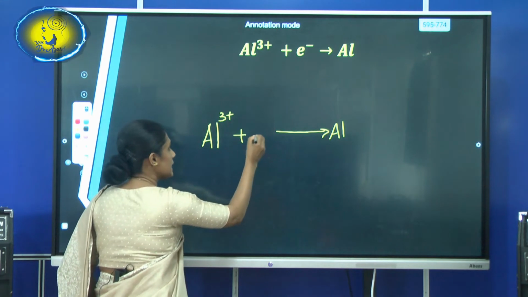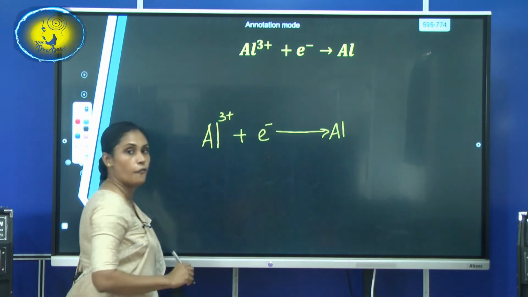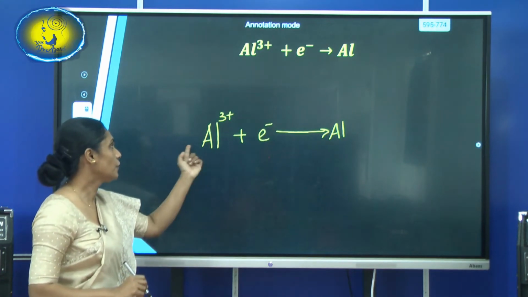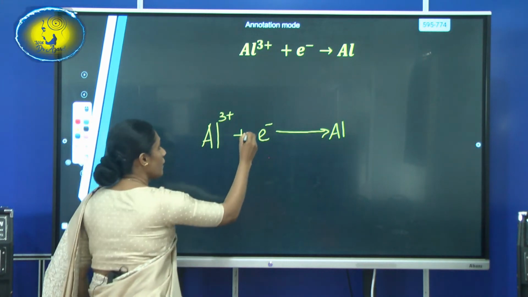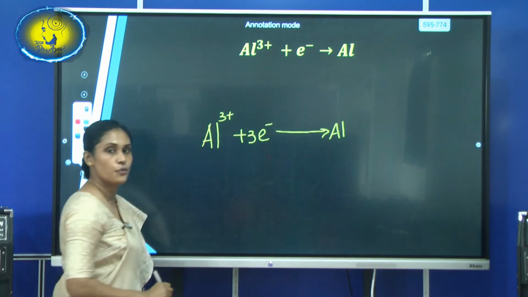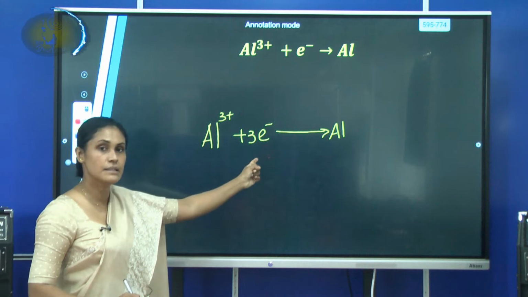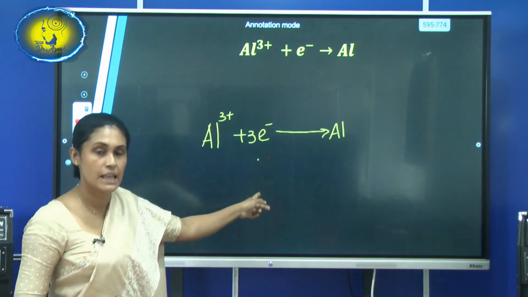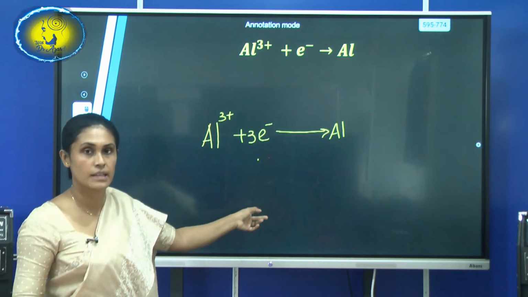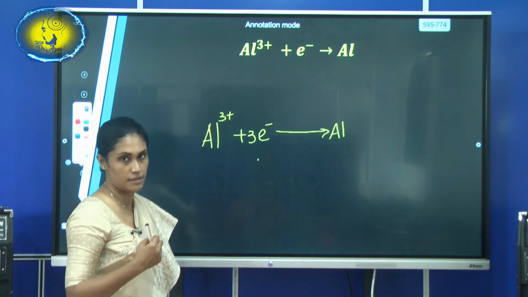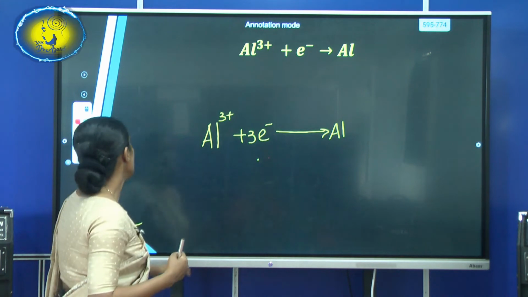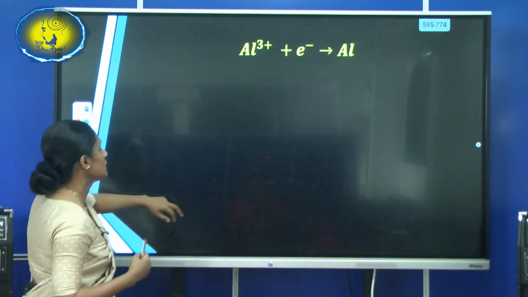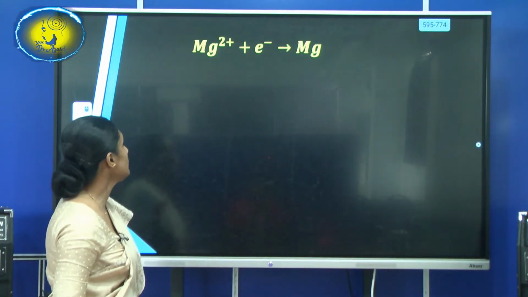It gains electrons. What is the number? To cancel the charge, we have to write 3 here. So this is the answer. And what sort of? This is an example of reduction. Gaining electrons, it's a reduction. Right. Then we'll move on to the next one.